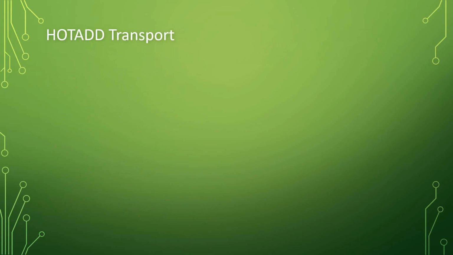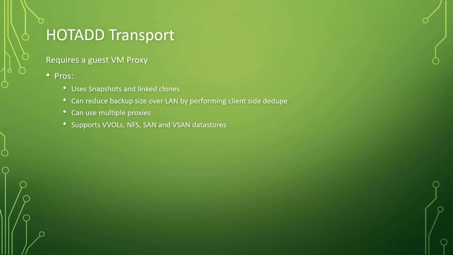So the last transport method is going to be your hot add transport. This will require a guest VM proxy running in your ESXi environment. So it's going to use your VM snapshotting functionality and linked clones and mount those snapshots to your proxy host to copy out. It can reduce your overall backup size over the LAN by performing client-side dedupe.